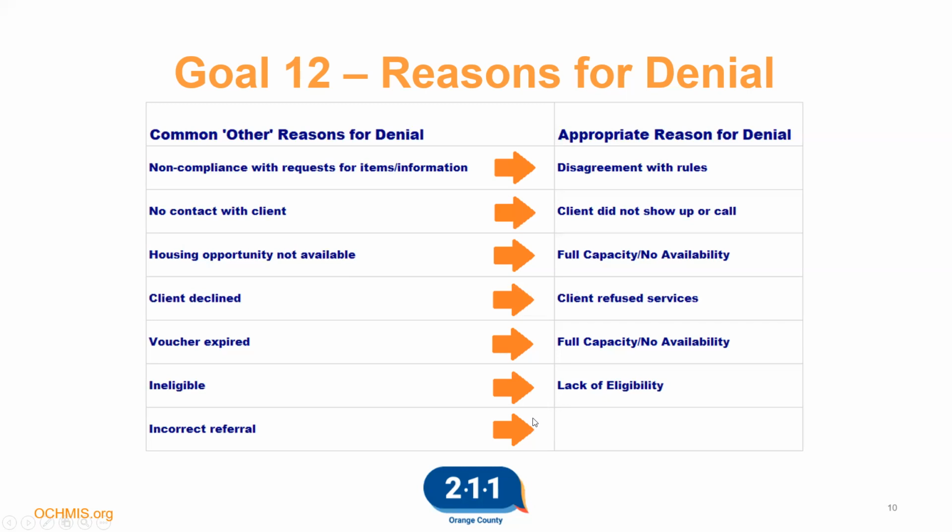It was just a data entry error. But we would need more information on whether there are other reasons why people are putting in incorrect referral, to help assign the correct reason for denial.